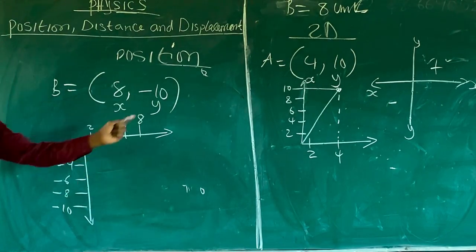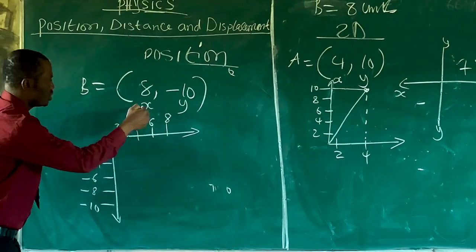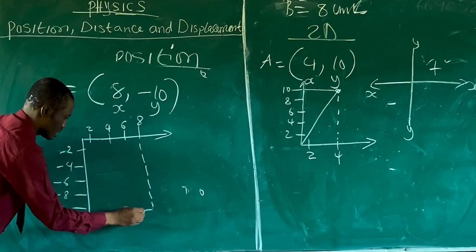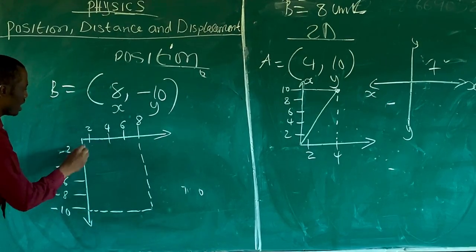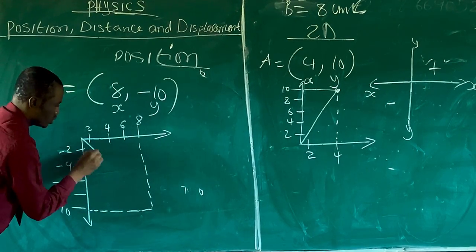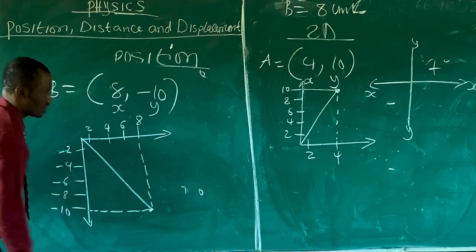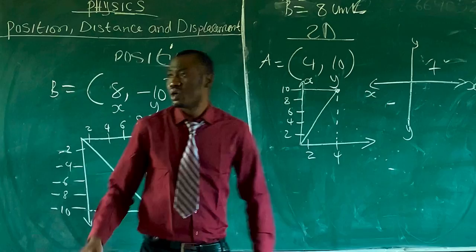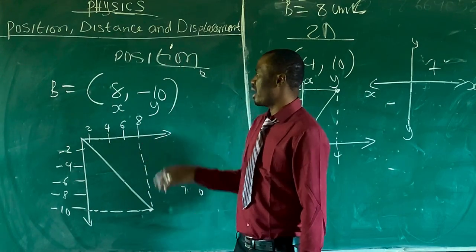Now let's join the negative 10 to the positive 8. We're going to come down like this, and then we'll join to this place. And then when you get through, you join the resultant vector. Now this is the position of this person standing on 8 and negative 10.